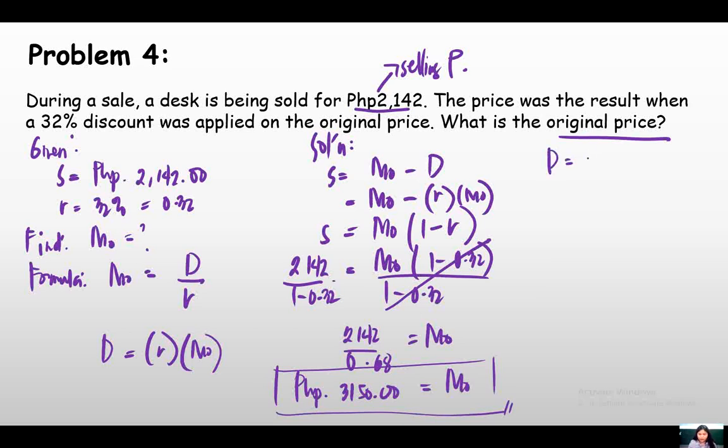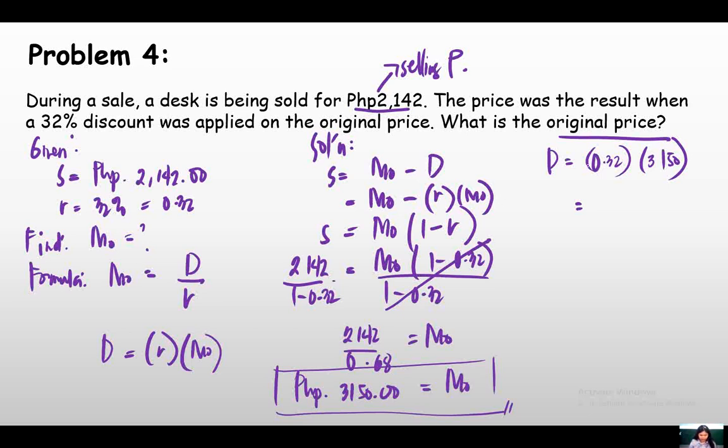So now we can get the discount. Our rate is 0.32 times the cost price, which is 3,150. So how much is the discount? Actually, class, ang tinatanong lang sa atin dyan is yung original price.